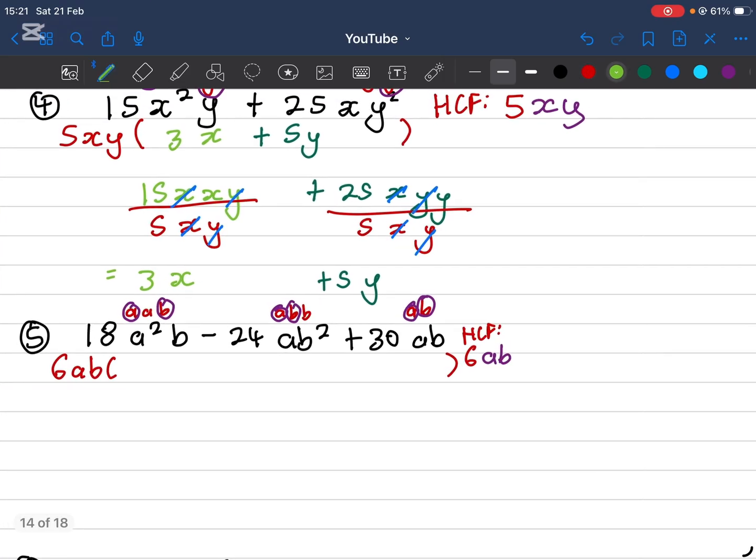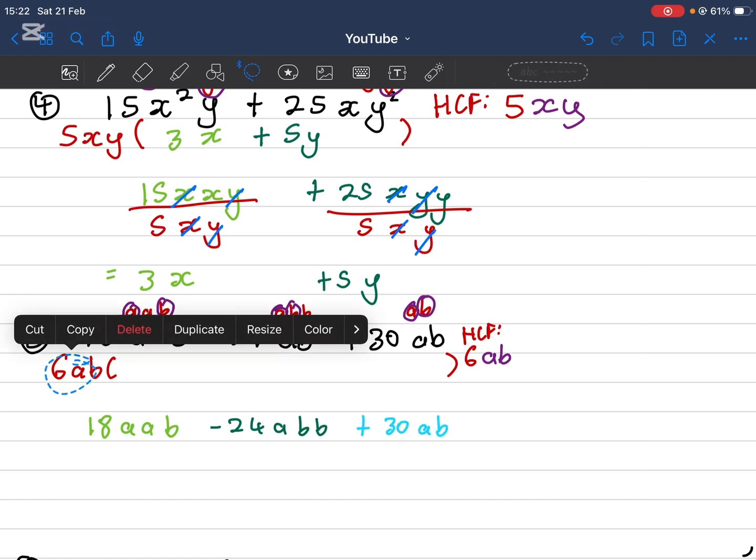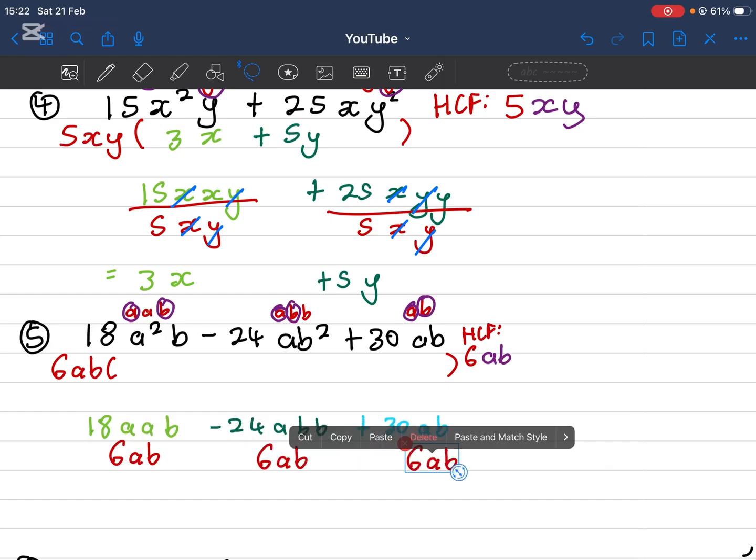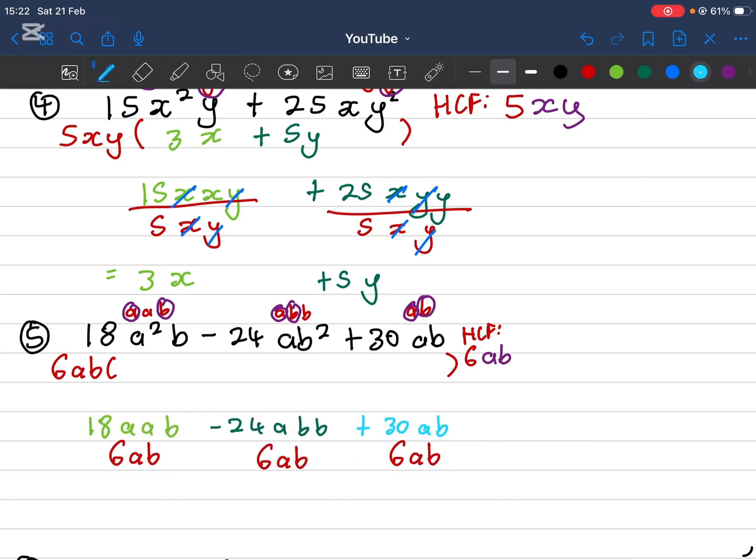Alright, now we're gonna write down our terms, a squared b minus 24 a b squared, and then you got plus 30 a b, and then we're going to divide all of them by our highest common factor.